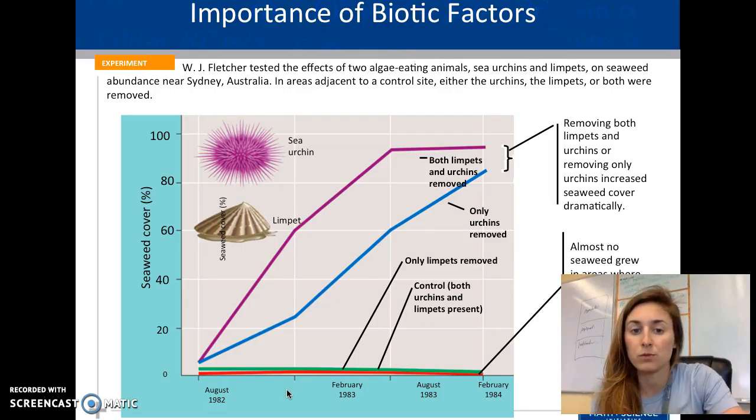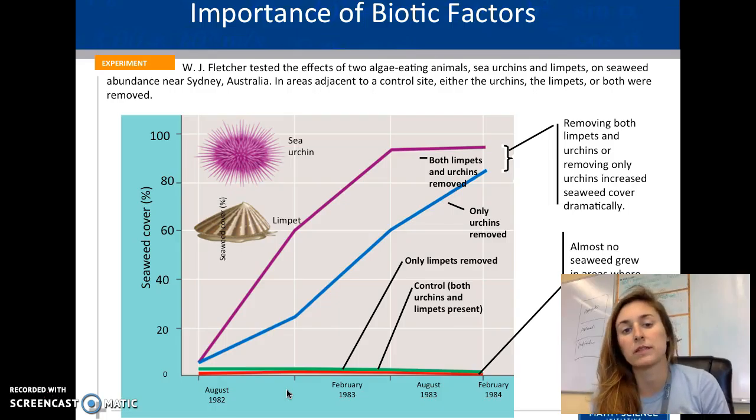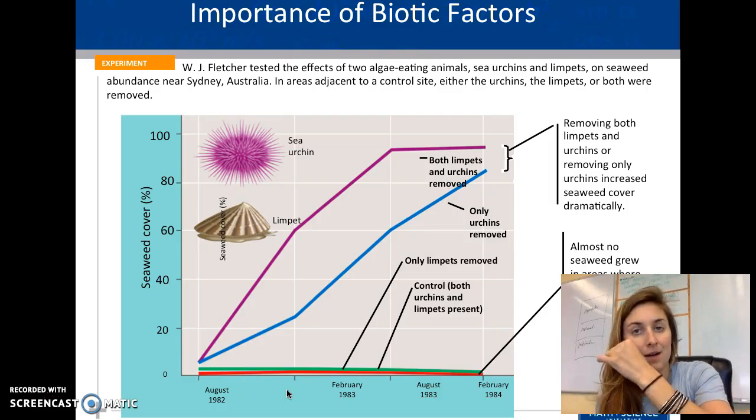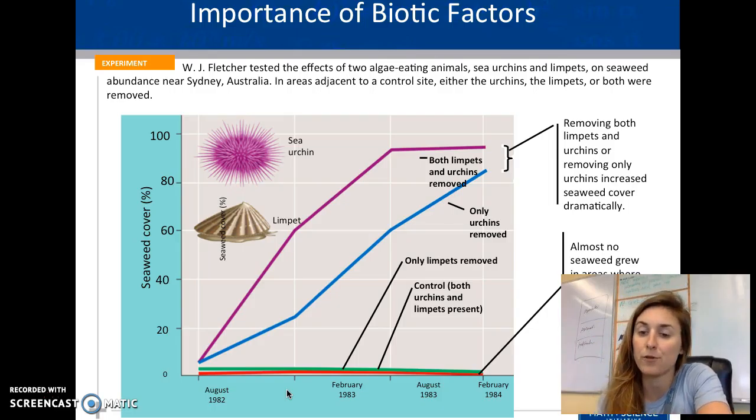When we only remove the sea urchins, we still see an increase, but if we remove both of these organisms or only limpets, the sea urchins basically feed on that seaweed and we have none. Basically indicating that these interactions between species are very important and they're the key between a healthy, successful ecosystem and a dying one.